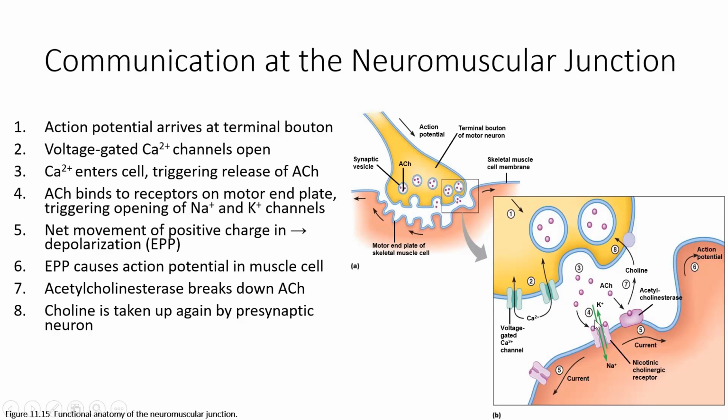So it's going to allow for more sodium in than potassium leaving, which is going to result in a depolarization or an excitation of the motor end plate, okay? So this highly folded, specialized ending of the muscle here is called the motor end plate.